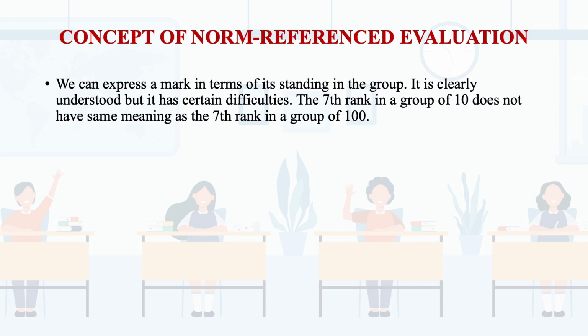Let's say in one group 10 students are there, and in another group 100 students are there. Here the 7th rank in a group of 10 students and the 7th rank in a group of 100 students, if you find out their ability and their performance, though in both groups it is the 7th rank, so far as ability is concerned, it is really not the same.